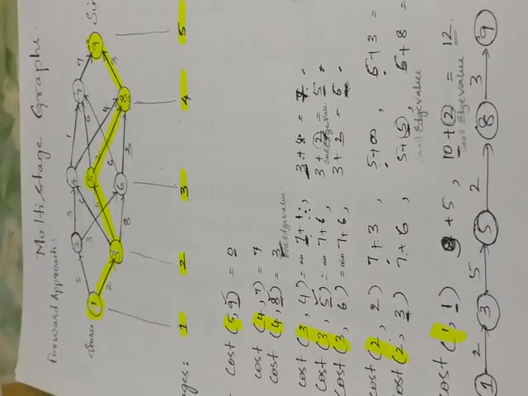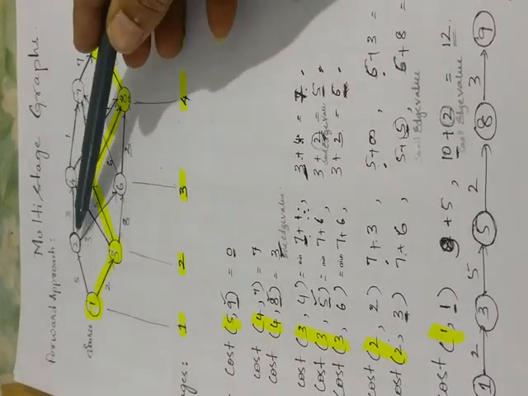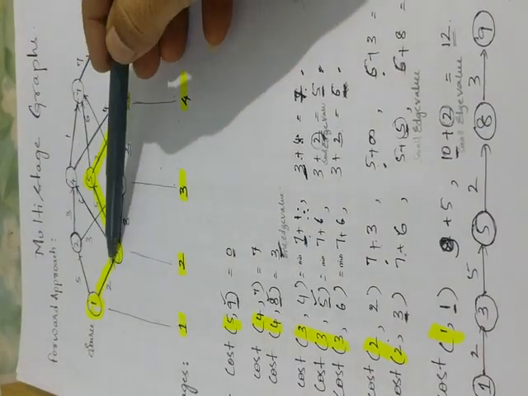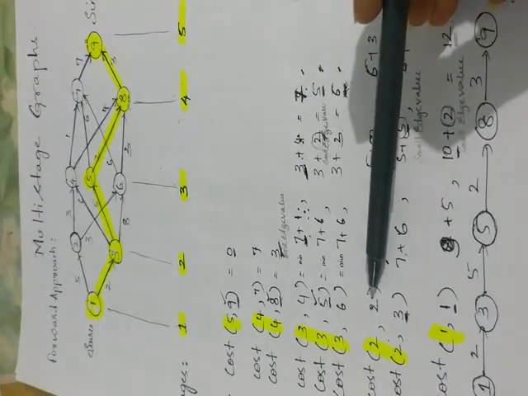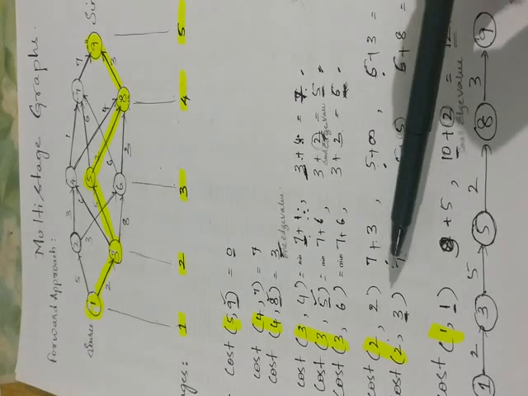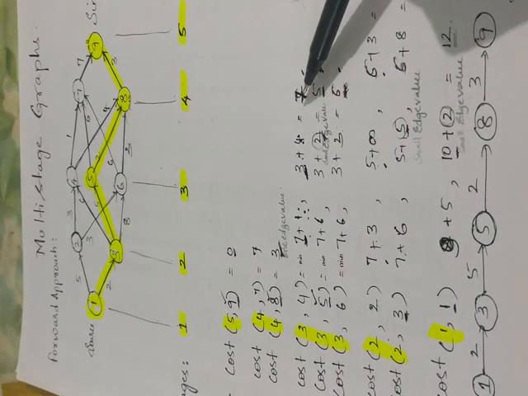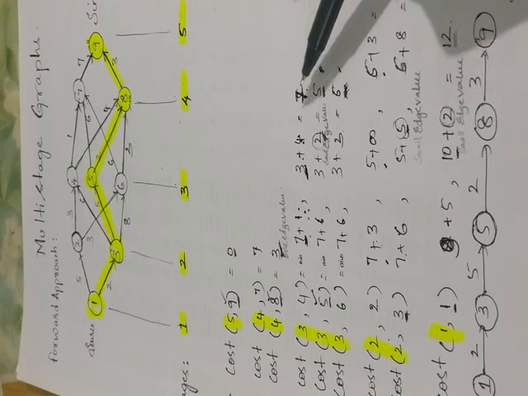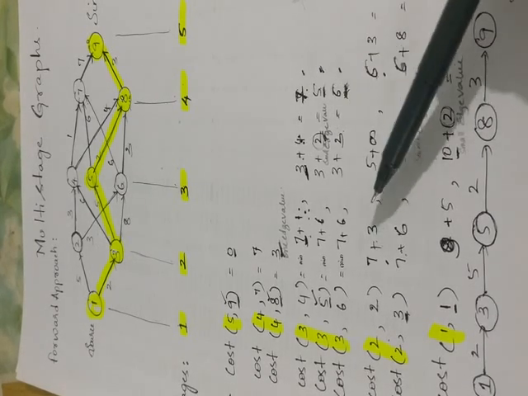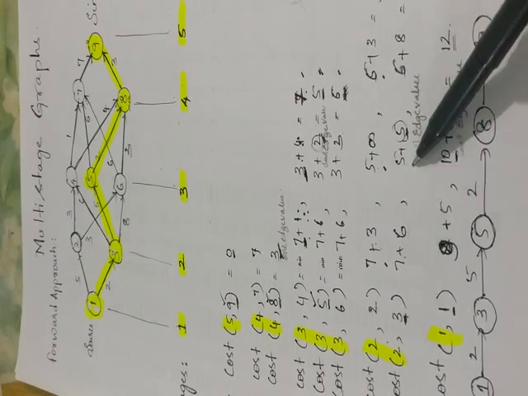In stage 2, what is happening? We have two vertices, 2 and 3. So in stage 2, for 2 and 3, what were the decided paths in the previous stage up to stage 3? It is 7, 5 and 6. You can write that 7, 5 and 6, because we know those.